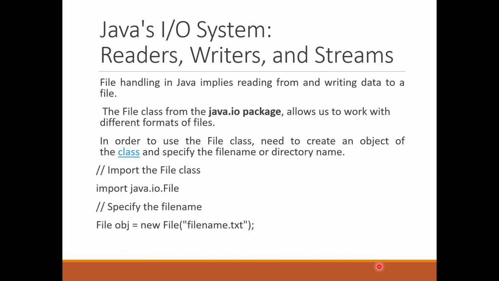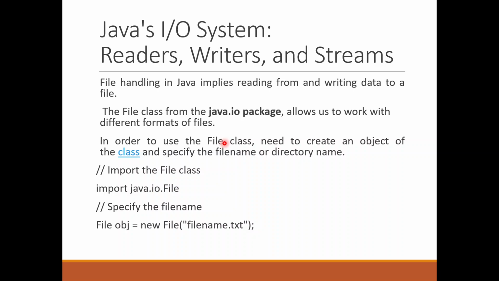First we have to create a file, and in Java it uses the File class. The File class comes from the package java.io. This package allows us to work with different formats of files. Whenever you are going to work with a file, you have to import this package java.io.